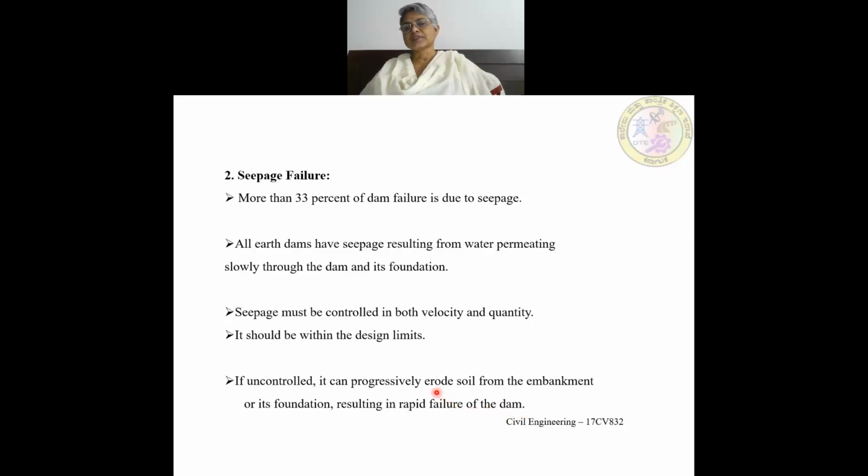It will erode the soil from both the body of the dam, the embankment, and its foundation also. If the foundation is again pervious, made up of gravel and loose material, there also it will cause erosion of the material, resulting in rapid failure of the dam.